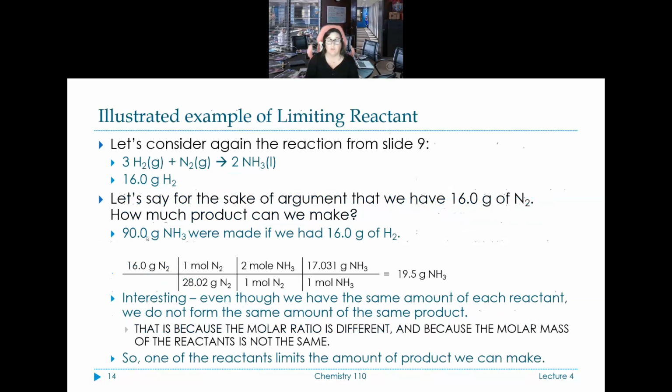So again, 90 grams of NH3 were made if we had 16.0 grams of H2. 16.0 grams of N2, we're going to have 28.02 grams of N2 in a mole. So my grams of nitrogen will cancel.